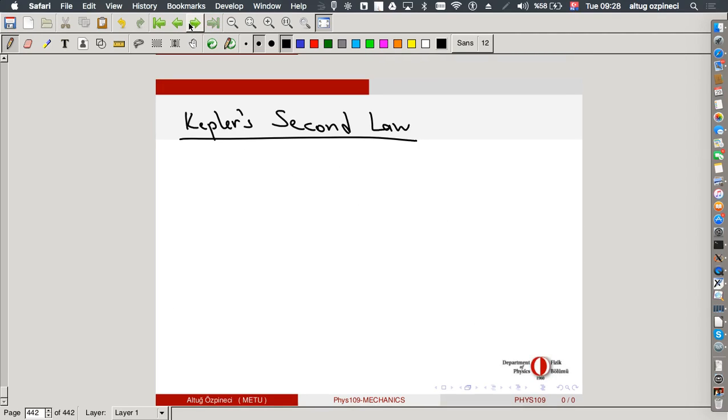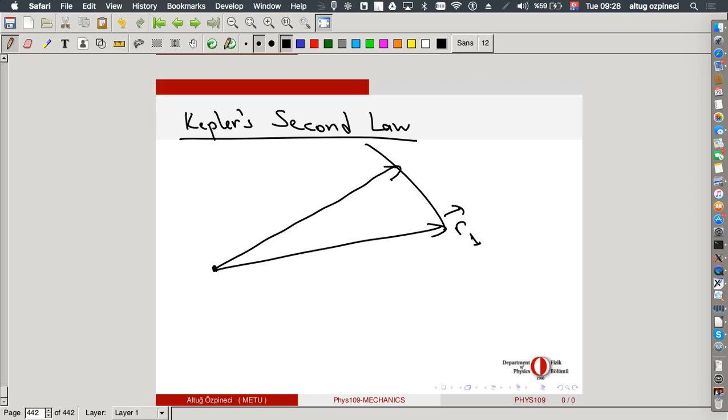So let's try to write this rate of sweeping of area in terms of the radial distance, the velocity or the speeds and the angles and all the kinematical variables we have. Now let's just imagine that this is the sun. This is just a segment of the trajectory of my object. So this is the initial radius vector, and then this radial vector sweeps and after some time delta t, it becomes like this.